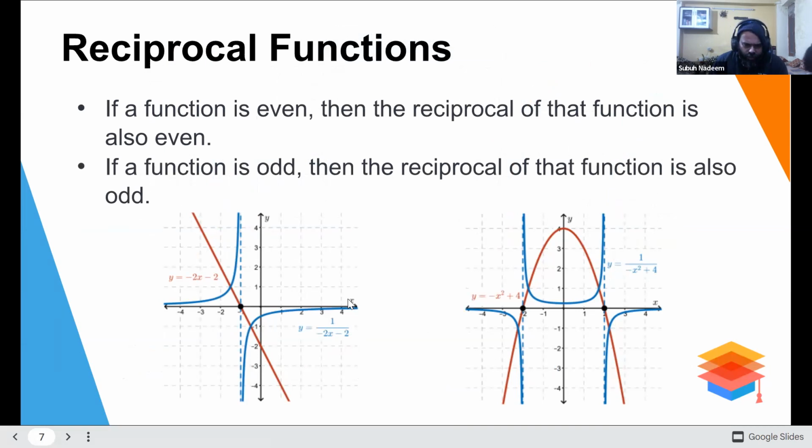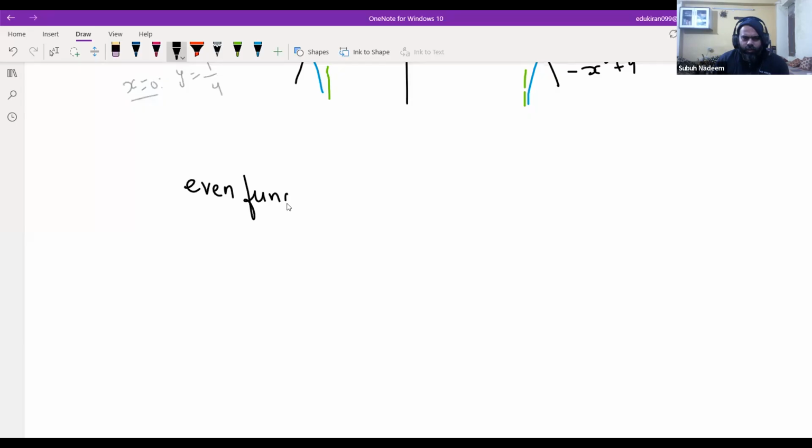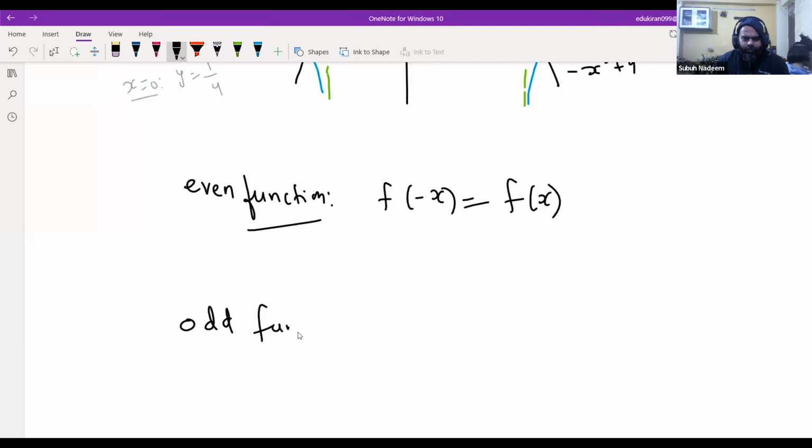So if we talk about even and odd functions, if we remember, an even function is a function of this form: f of minus x is equal to f of x. An odd function is f of minus x is equal to minus f of x.